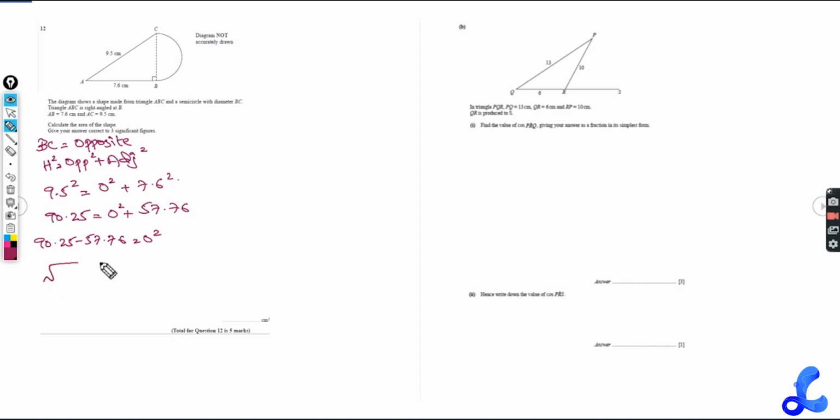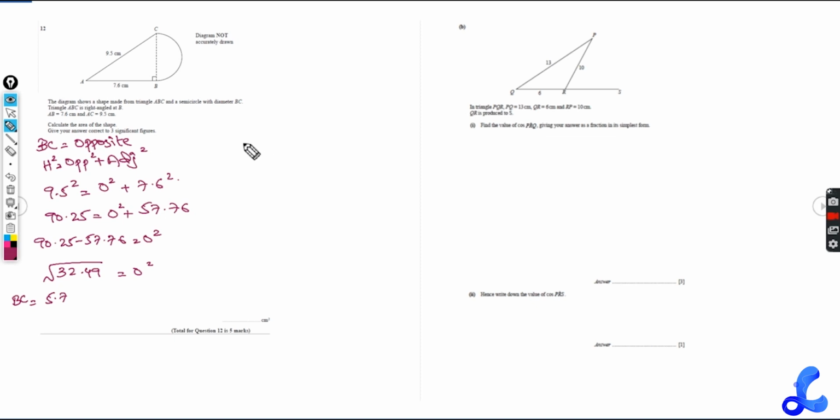What we get is the square root of 32.49, and 32.49 under root is 5.7. So we know that 5.7 is our BC, or it is our opposite, right? So now the diameter of the semicircle is 5.7.